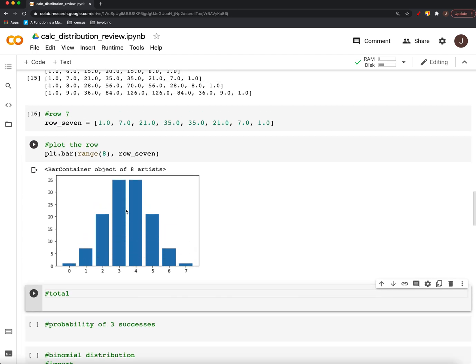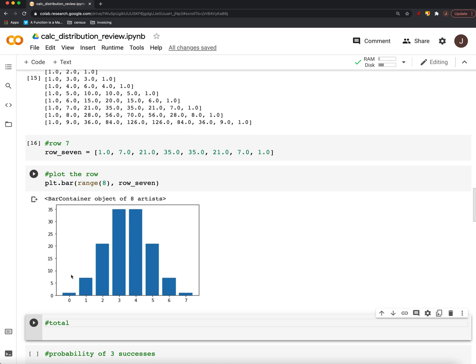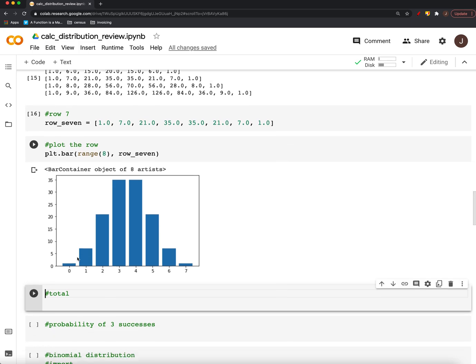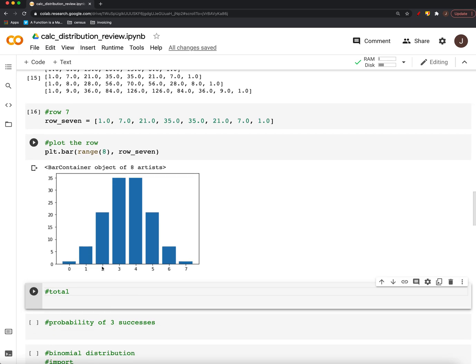And there we go. There's all of the different ways that these things could happen. If we look at these events on the x-axis as number of heads, if we toss 7 coins, how many ways are there to get 0, 1, 2, 3, 4, 5, 6, or 7 heads? So you see that there's that symmetry again. It's equally likely that we could get 3 or 4, 2 and 5, 1 and 6, 0 and 7.